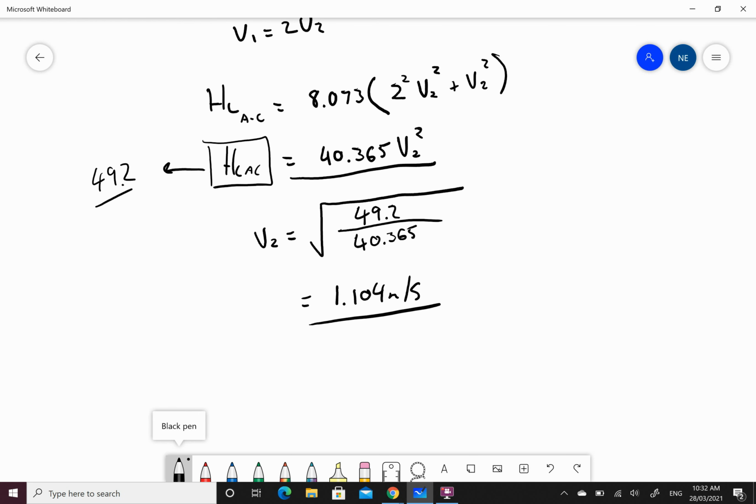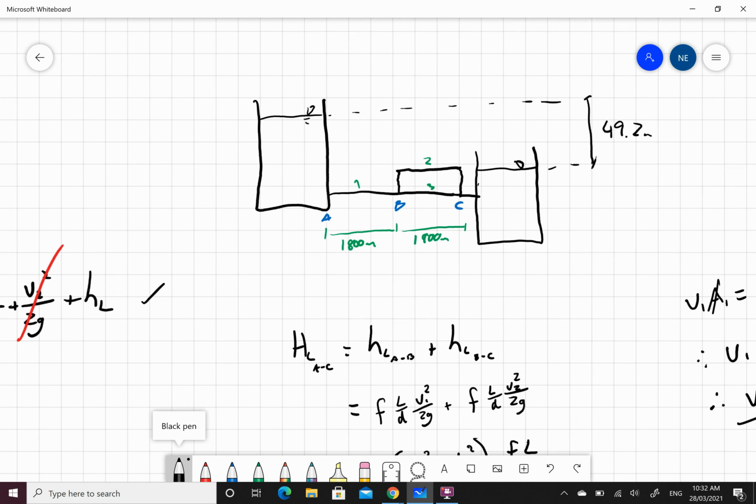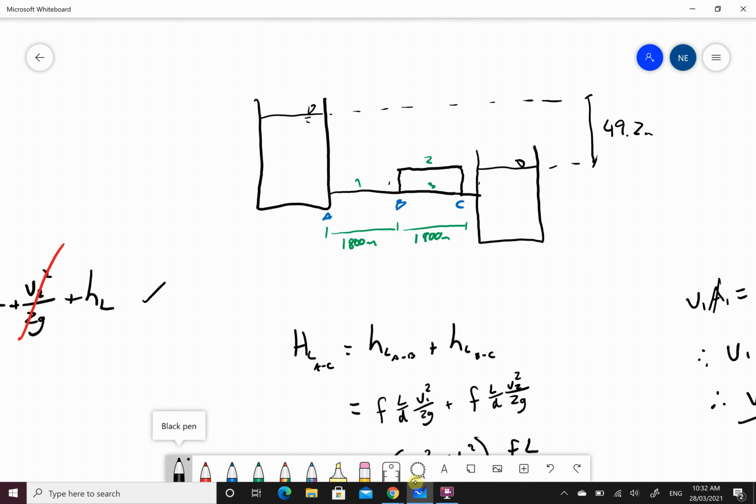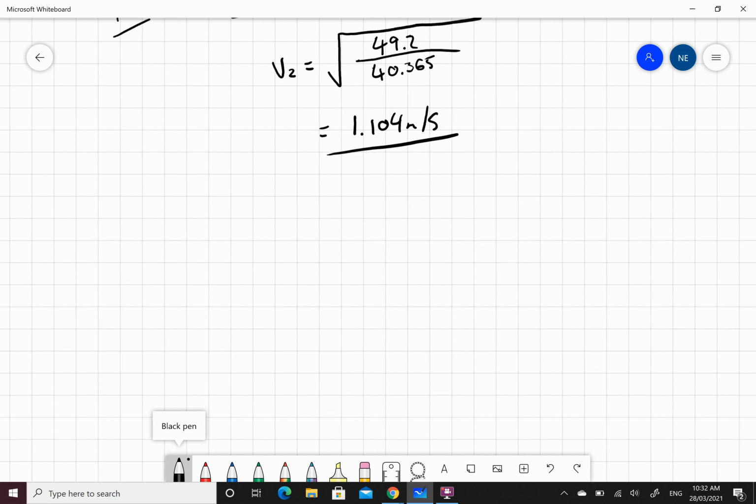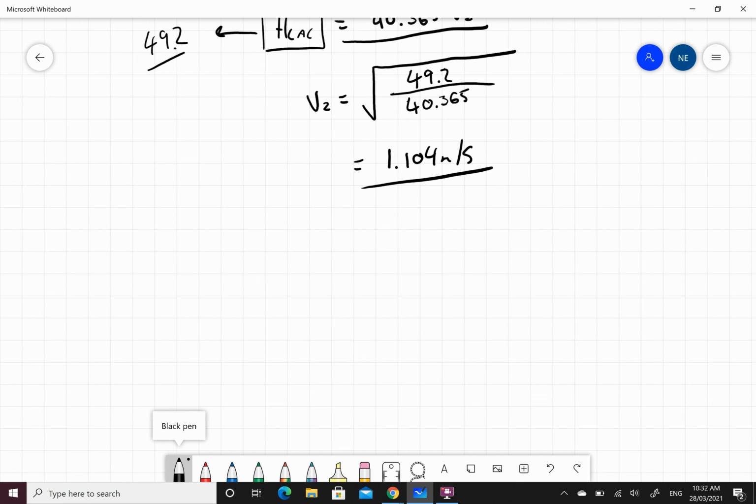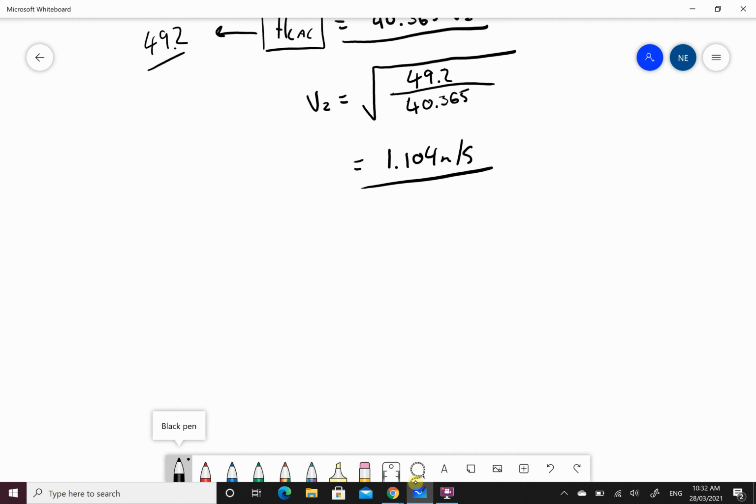Remember it's in parallel, so flow through here and flow through here. Now that I've got these 2 going, I can work out my total flow rate.